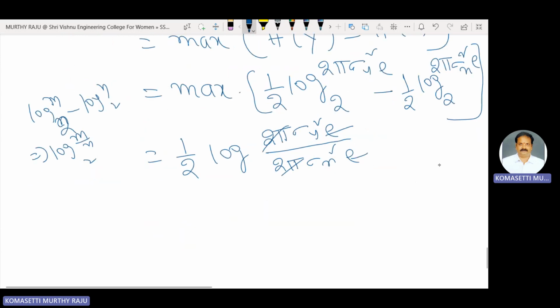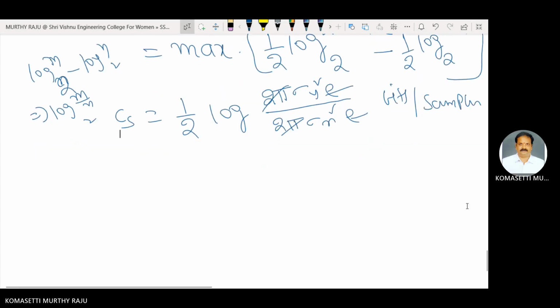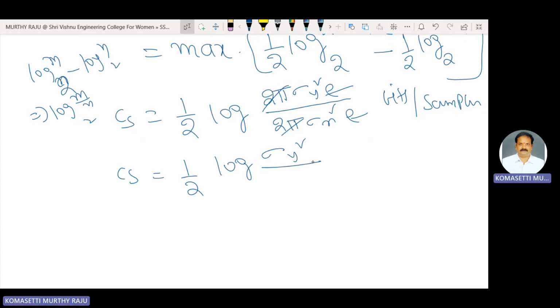Therefore, this is the bits per sample, CS. CS is equal to 1 by 2 log sigma y square by sigma n square. At the output of the channel, the variance is signal power plus noise power. For the noise, sigma n square is the noise power.